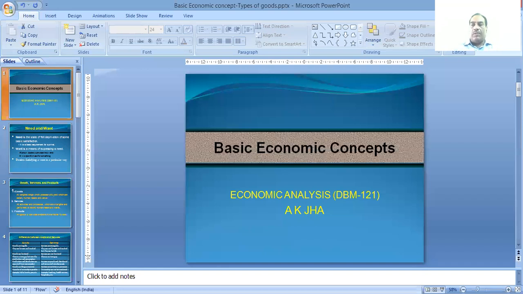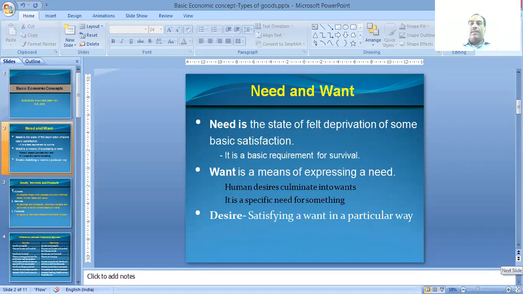So, as I told you, need is the state of felt deprivation of some basic satisfaction. It is a basic requirement for survival. We need food, we need clothing, we need shelter to survive a normal life. It is the minimum requirement, because we live in a civilized society.